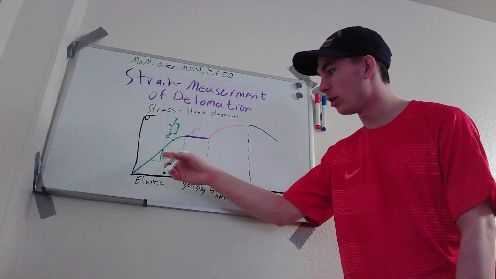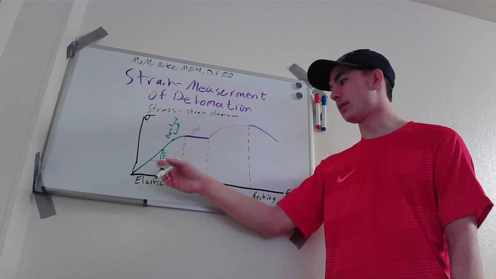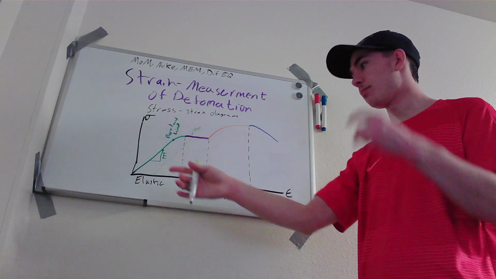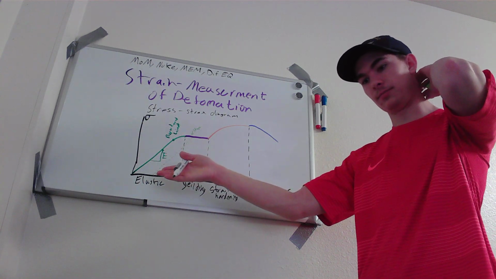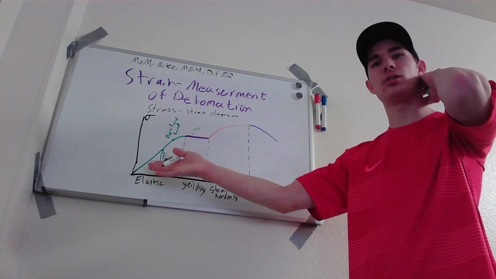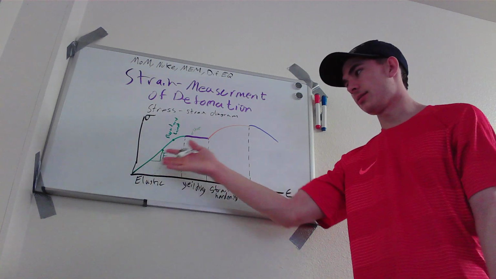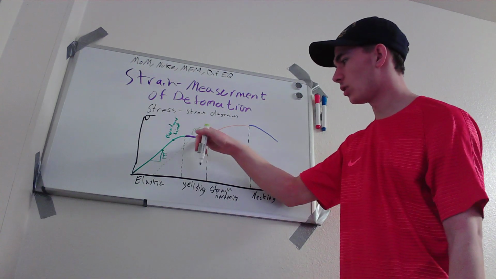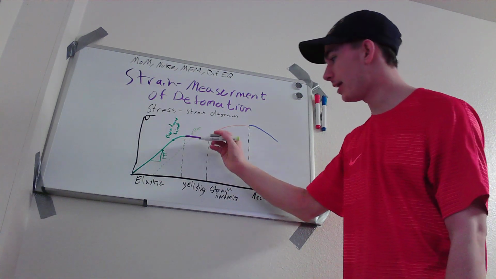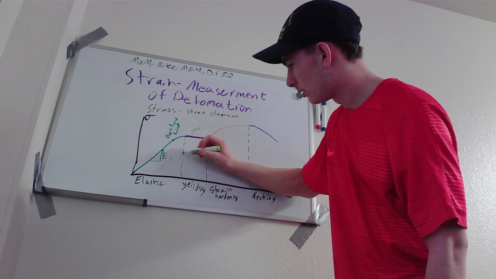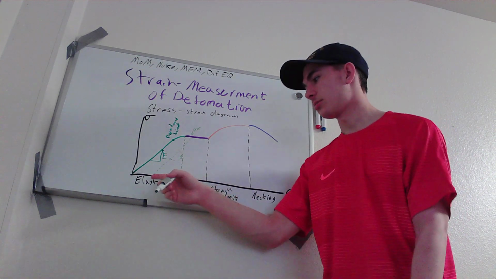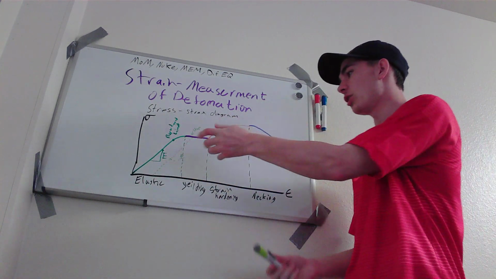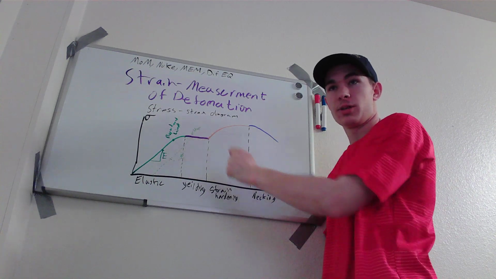It's going to follow this E, the slope of the proportional elastic region, and E is called the elastic slope. So you stop, it's going to follow this E back to some length, but it will not be its original length. So that is the yielding region.